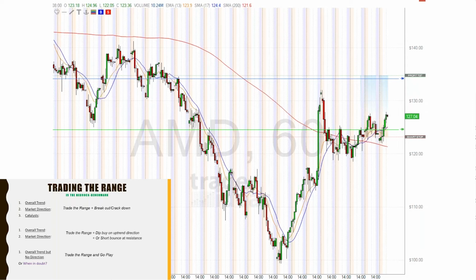We have the overall trend and the market direction, and we don't have a catalyst, so what should we do? Or it's in no direction at all, then what can we do? Among these 3, I think the middle one, number 2, is the hardest to make sense of. We can look at the overall trend and tell if it's moving sideways, uptrend or downtrend.